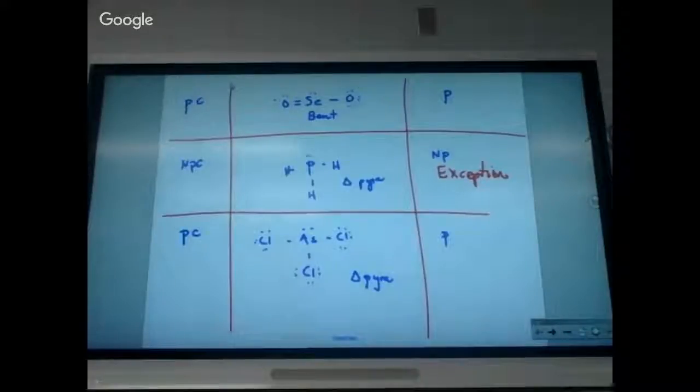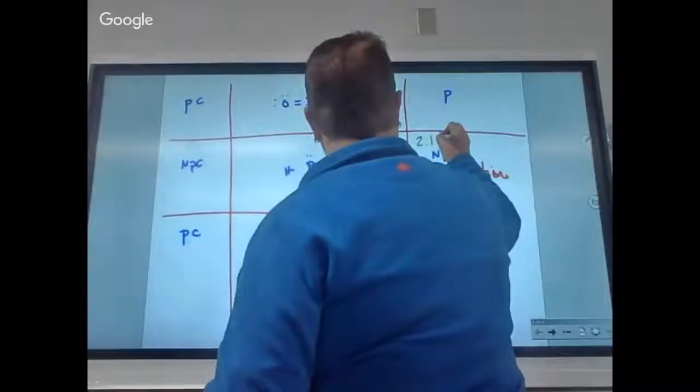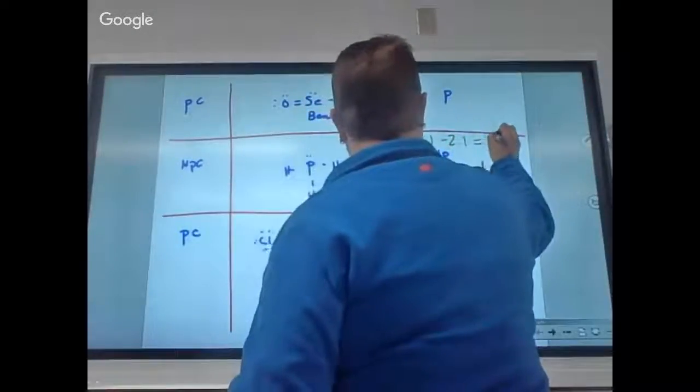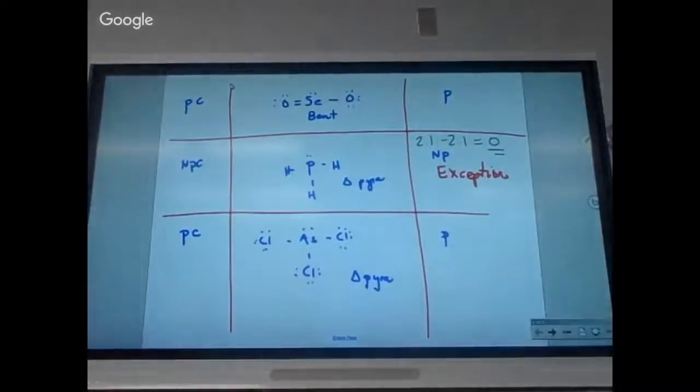Now, notice that I put exception there under the one that says nonpolar, because I know most of you were probably going to miss that, because you just looked at PH3 and you said, oh, there's a lone pair. A lot of you probably missed that piece because out to the side when we were talking about that, I told you that if you got 0 when you subtract, 2.1 minus 2.1 equals 0, you cannot be polar if you get 0.